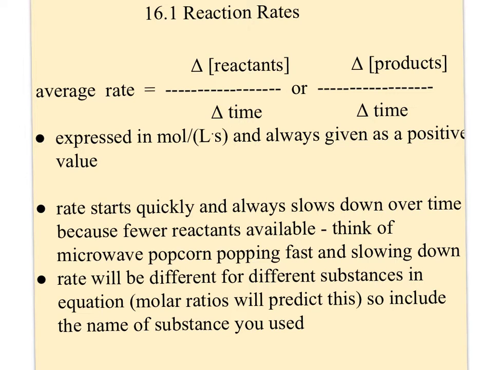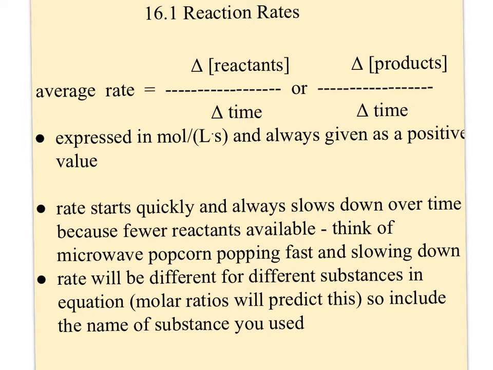But so we have kind of a strange unit, and we also then include whether that's a reactant being consumed or product being produced, and we let you know which reactant or which product that is based off of. We always give it as a positive value, so even if it's a reactant being consumed and the amount is decreased, instead of expressing it as a negative, we simply say reactant consumed, or we let you know it's the reactant and you can figure out that it's being used up.